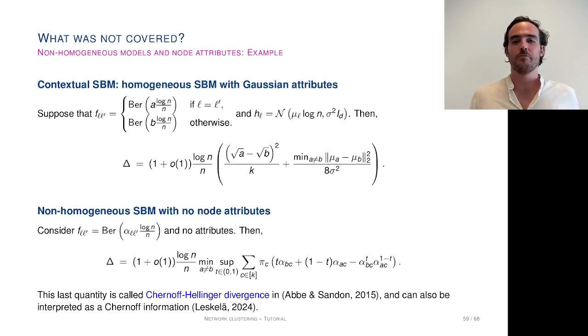So this gives rise to an extension of the SBM in a non-homogeneous setting, or a setting with attributes. In this example the attributes are Gaussian, but you could also think about other distributions for your attributes.